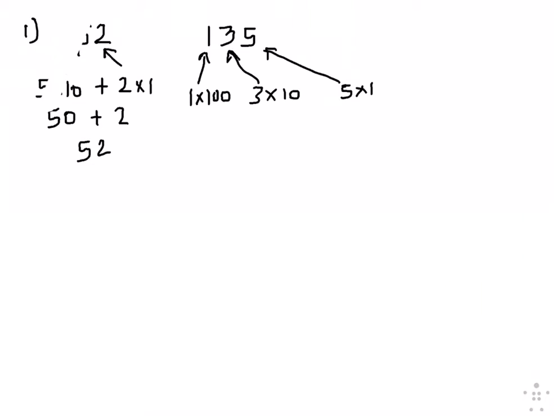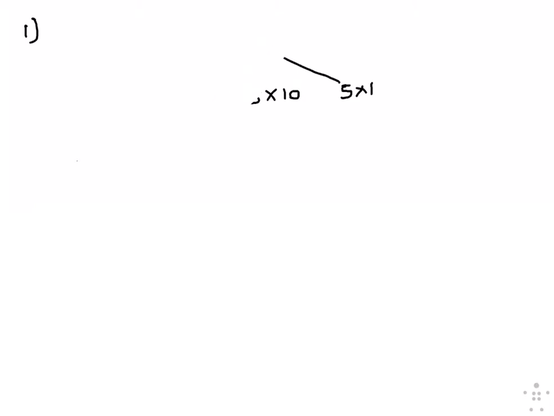So for these problems, you have to understand that when we talk about the number, we're talking about the value of the number. What I like to do is read the statement and write mathematically what it says. So a two-digit number, they're talking about the value of a two-digit number.